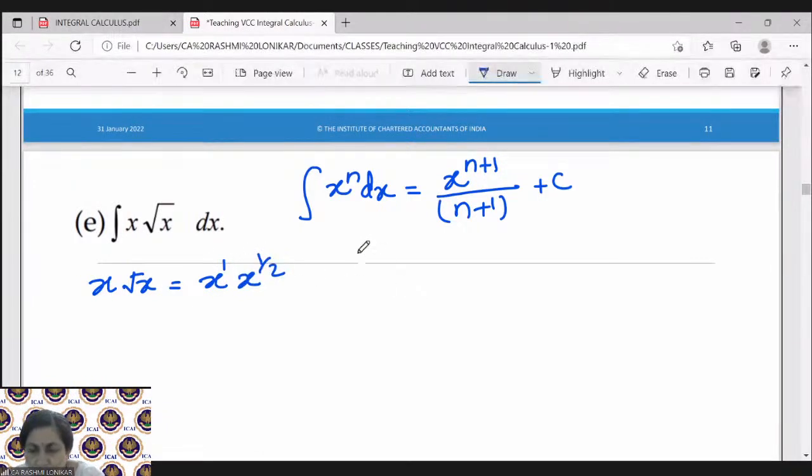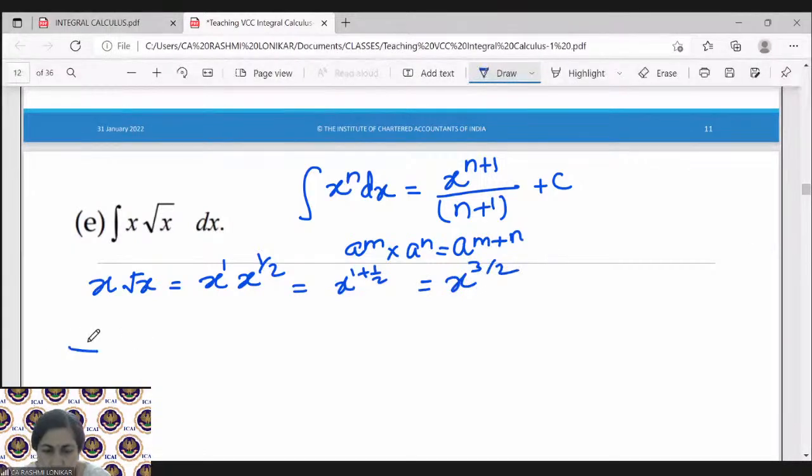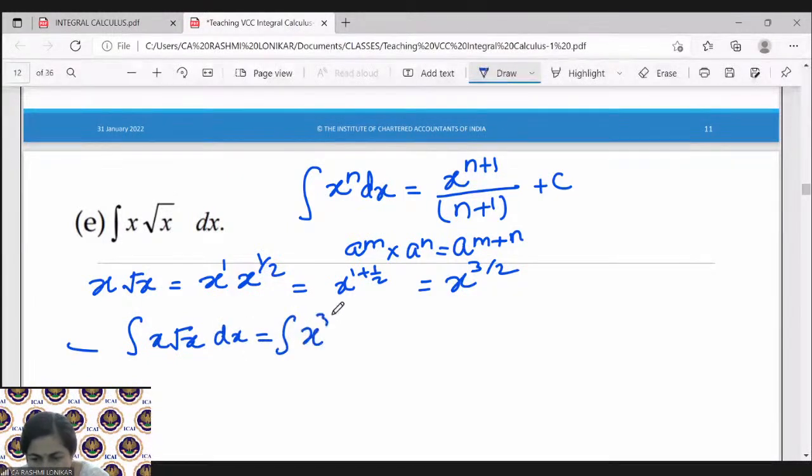Now I know the indices formula: a raised to m into a raised to n is equal to a raised to m plus n. So I have this to be equal to x raised to 1 plus half, which is equal to x raised to 3 by 2. So my integral x root x dx is equal to integral of x raised to 3 by 2 dx.